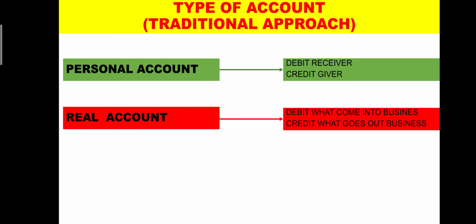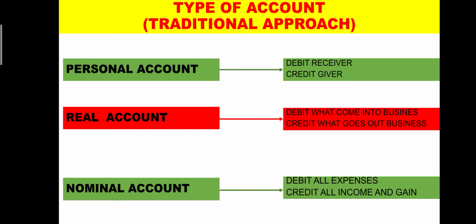For the real account, debit what comes into the business and credit what goes out of the business. And in the nominal account, all expenses will be on the debit side and all income and gain will be on the credit side.